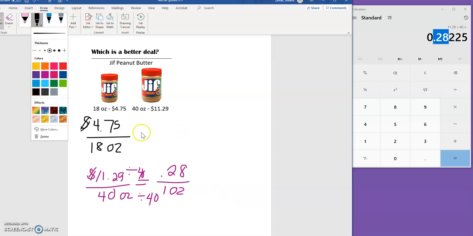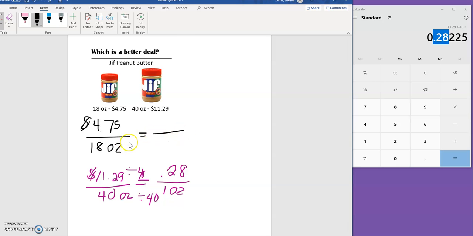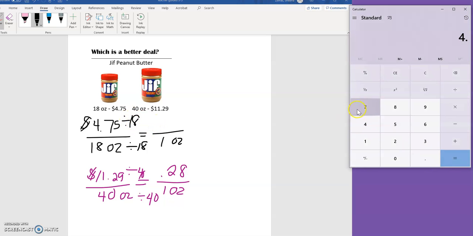Repeating that process now for the first jar, 18 ounces divided by 18 will give me 1 ounce. So dividing $4.75 by 18 as well. $4.75 divided by 18.